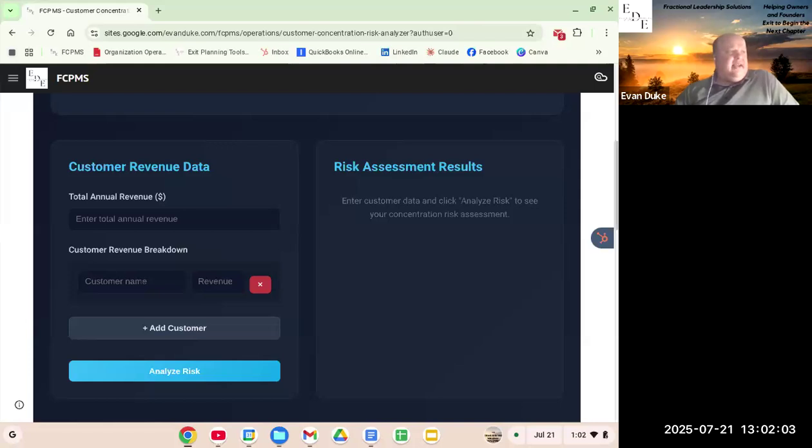So this risk assessment is the type of thing we can look at to determine how risky this is. If they're 2% of our business, well, that might be large. If they're 0.5%, okay, now we're maybe safe. But again, it also depends on the industry.